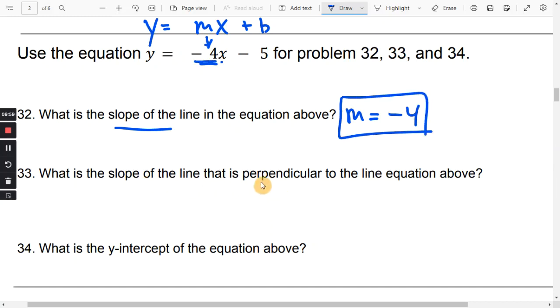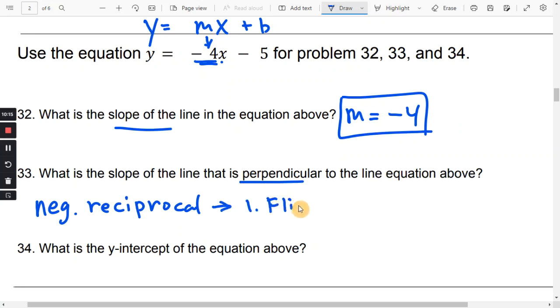All right, for the slope of the line that is perpendicular, you want to find the negative reciprocal. So there's two steps. You flip it, and change the plus minus sign.